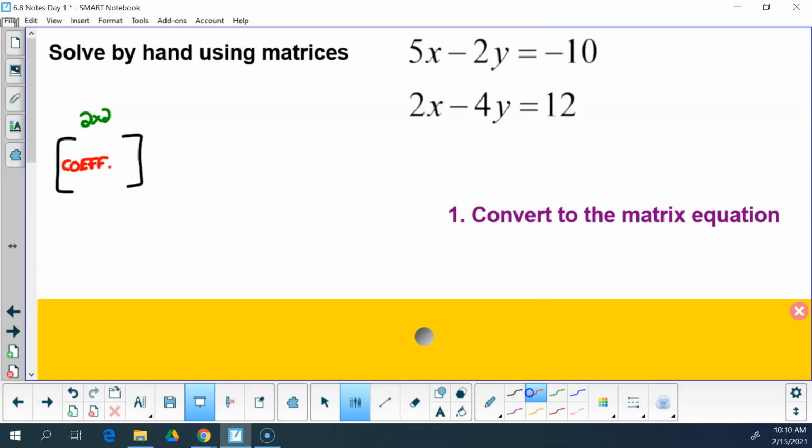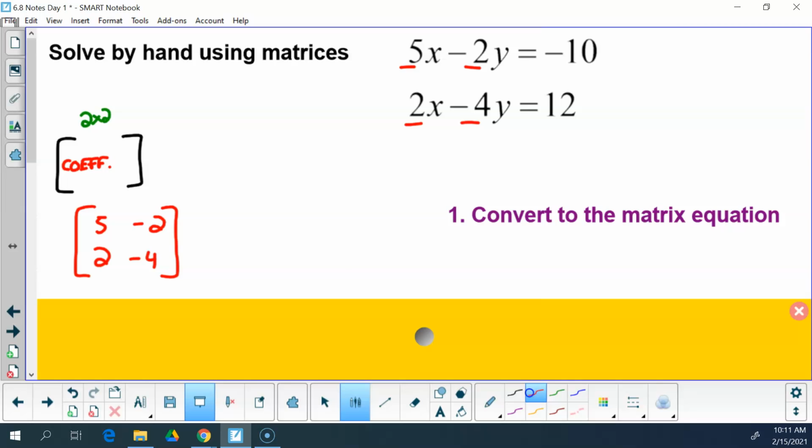So that would be the matrix 5, negative 2, 2, negative 4. Okay, so that's my coefficient matrix written out just as the coefficients are if I have everything in x, y equals number form.